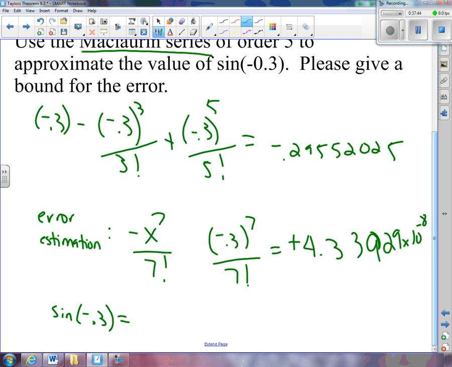We're probably going to have the exact same thing because we're not able to get more than 8 digits. I get negative 0.29552 or 0.2067. So now subtract, do that minus that.